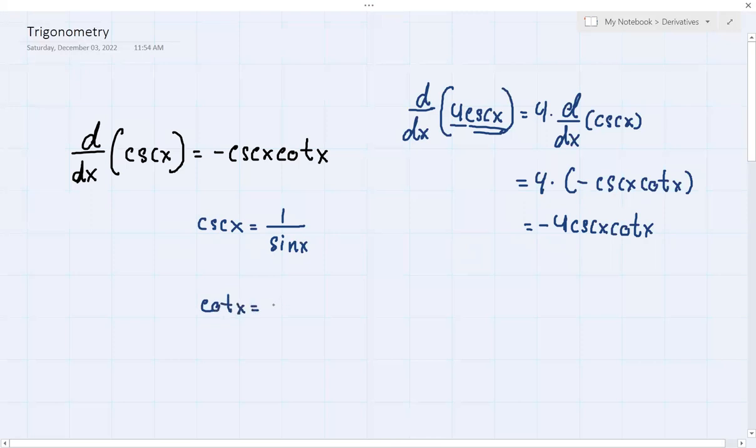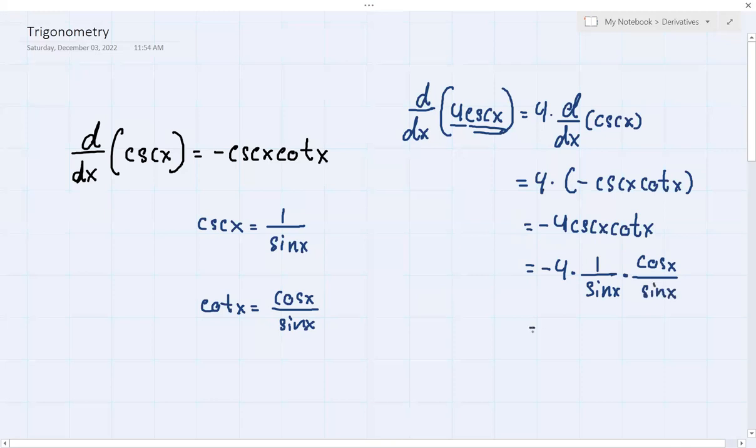Si cotangent x is the same as cosine x all over sine x. Okay? So, pwede yan. Ano naman problema dyan? So, therefore, magiging negative 4 times cosecant x is 1 all over sine x times si cotangent x, magiging cosine x all over sine x.